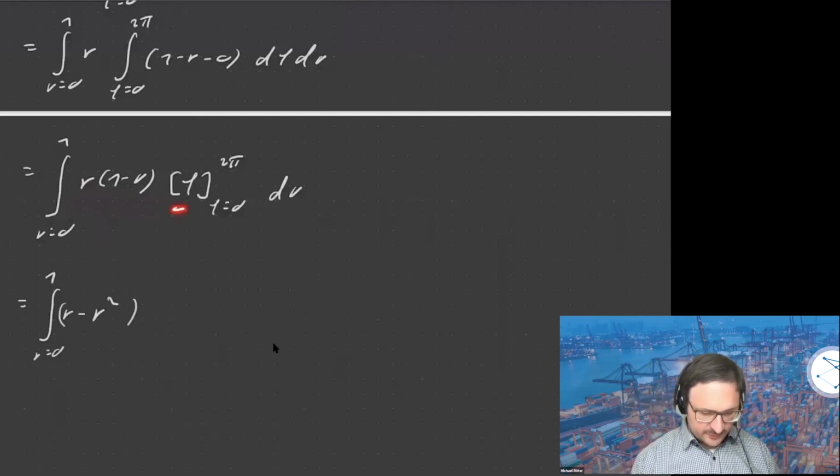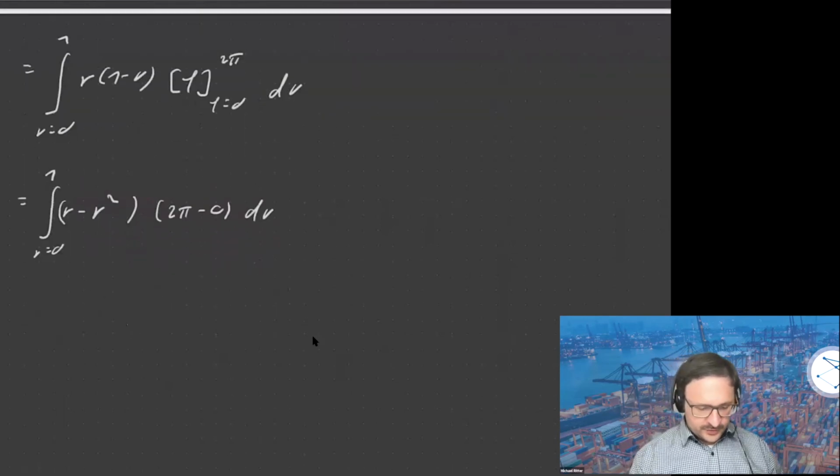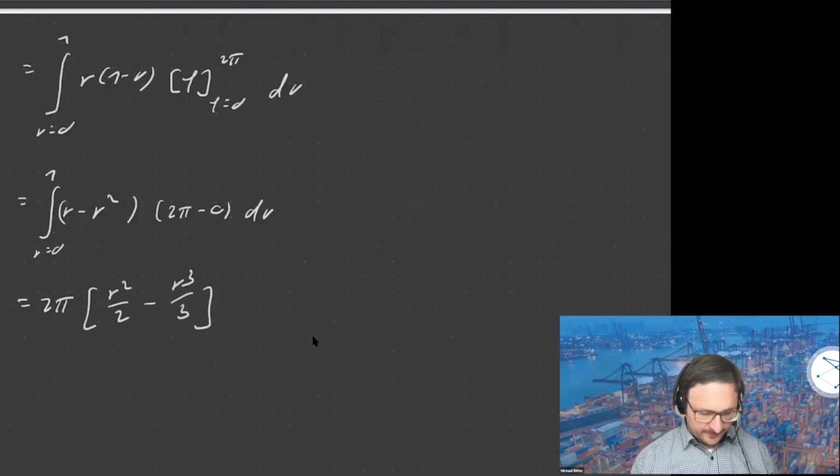And this expression, if we evaluate that, we get a factor of 2 pi minus 0, dr. Okay, so that means we can take this factor of 2 pi out of the integral, and then we integrate this expression with respect to r, and that gives us r squared over 2 minus r to the third over 3, r from 0 to 1.